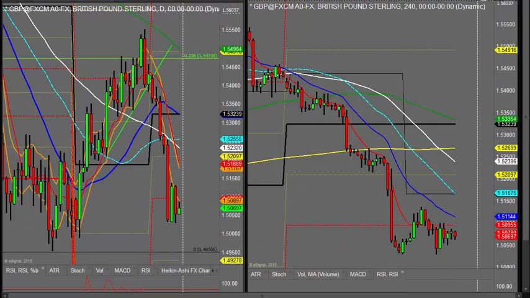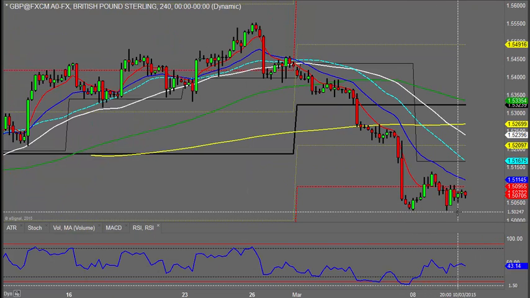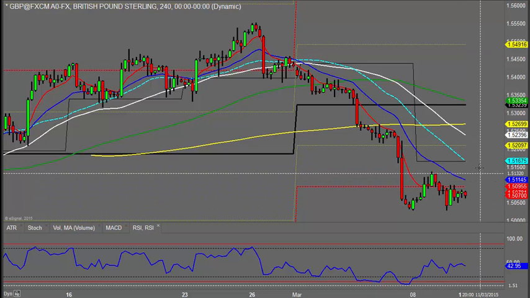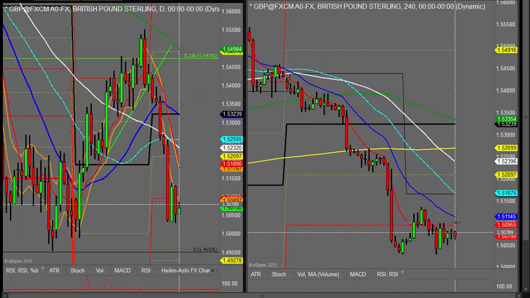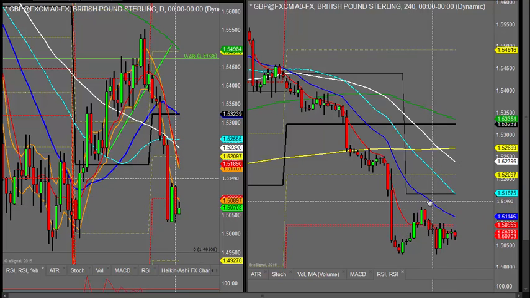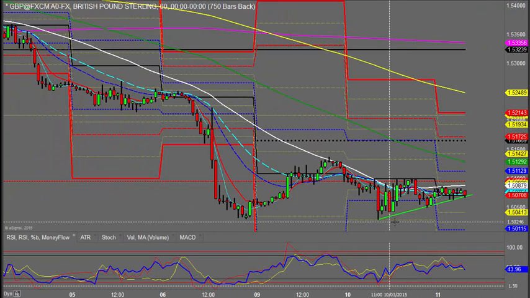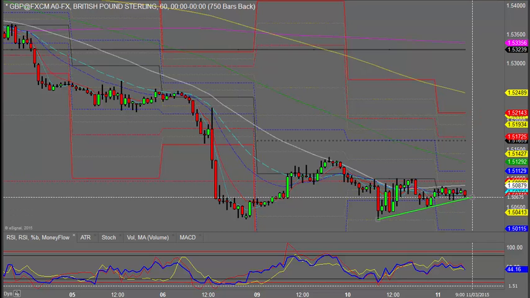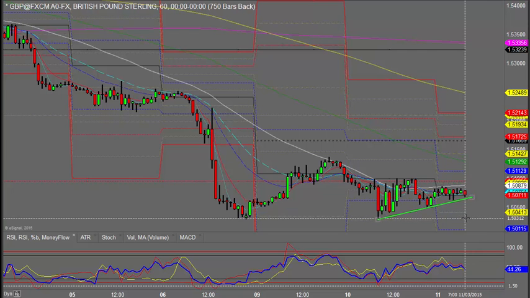There was, I believe, a little bit of divergence going on the 4 hourlies, and that we've seen here, and maybe it could work its way up, but I think really with the dollar strength and European countries' weakness, we could see a continuation to the downside. Mostly it's the easiest path at the moment. In fact, a break of this current trend line could see us running back down towards yesterday's lows and maybe beyond.